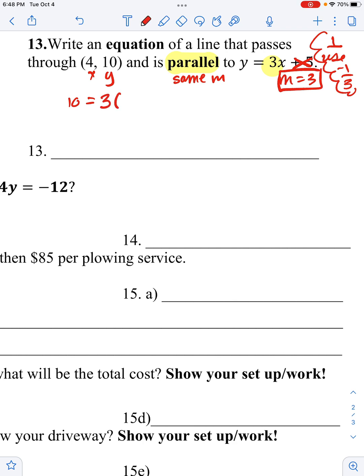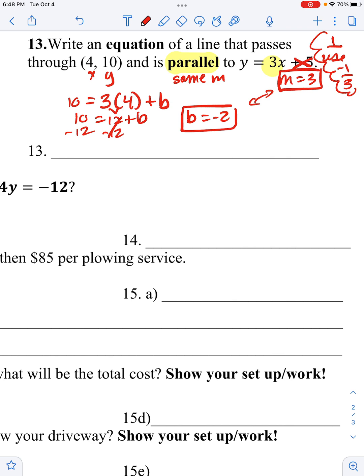So my slope, my x plus b. Then always, always, always, you multiply these two and subtract it. So 10 minus 12 gives me a b value of negative 2. The slope value I need to use is 3. So the equation of the line would be 3x minus 2.